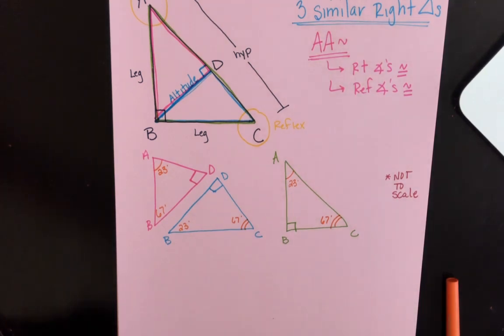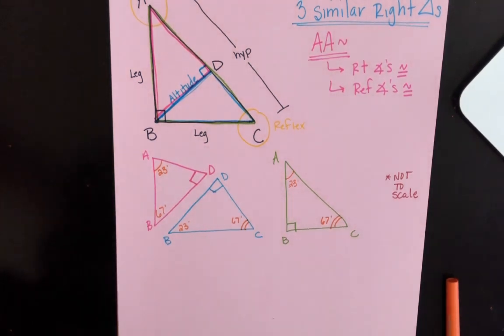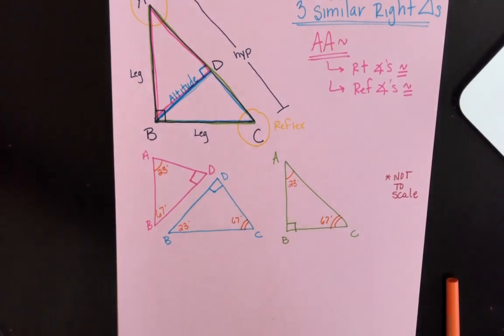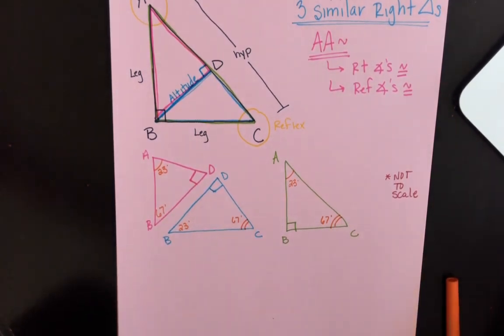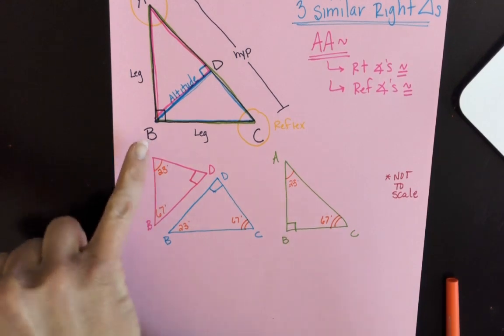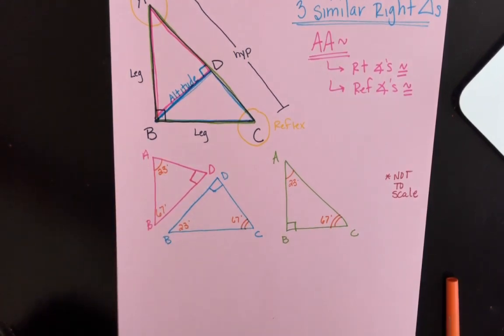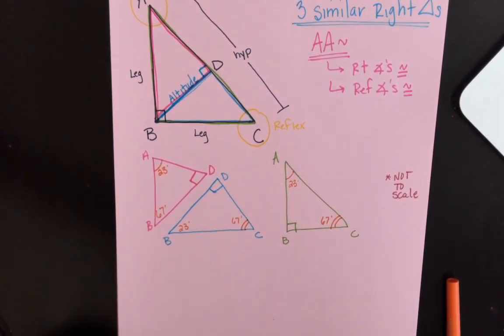So I am going to suggest, just like we did in the last chapter, you should always look at where your acute angles are and where your right angles are. So, for instance, when we ask, where are these similar right triangles going to be?